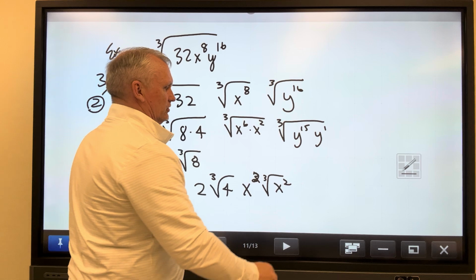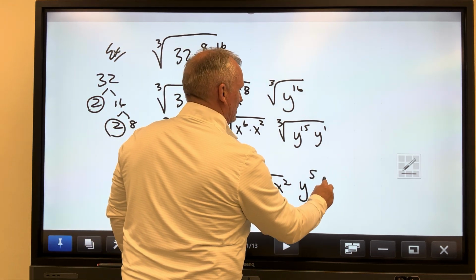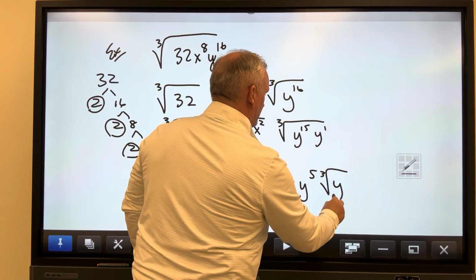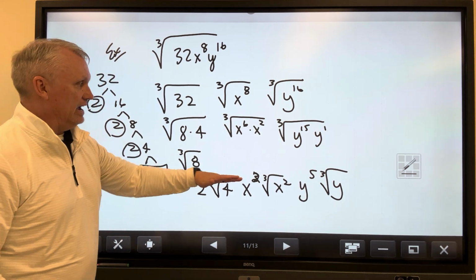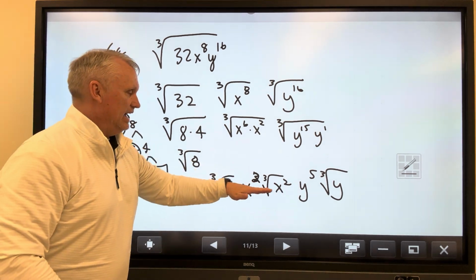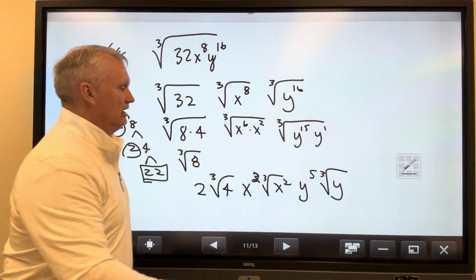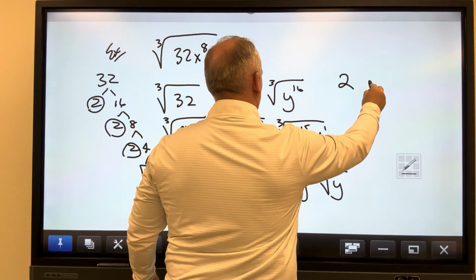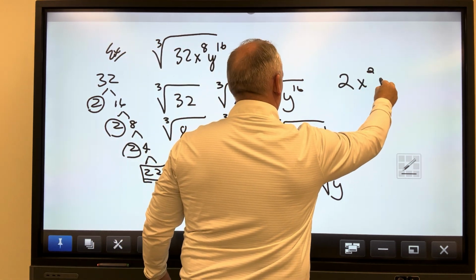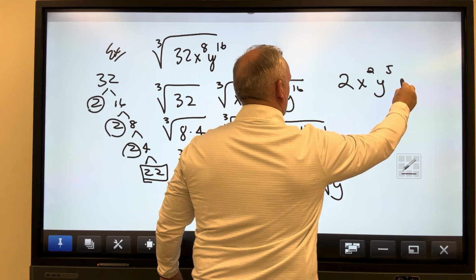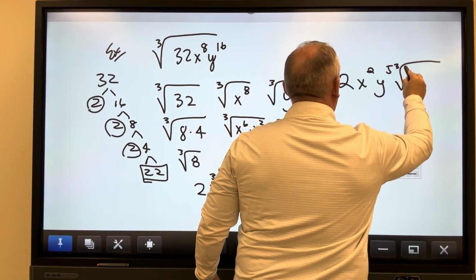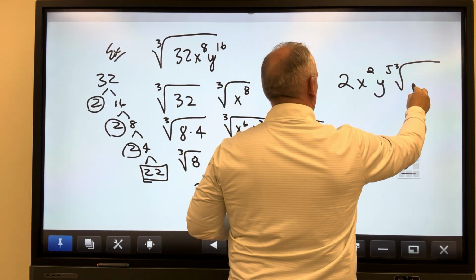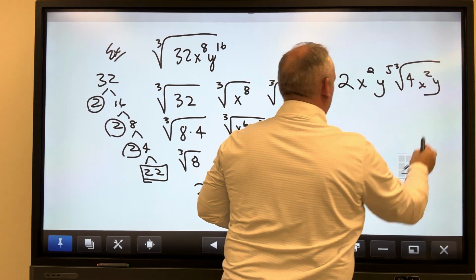Y to the 5th, cube root of y. Oh, now I gotta try to combine all these things. So I have this, 2 x squared, y to the 5th, and what's left over with this cube root is 4 x squared y. Okay.